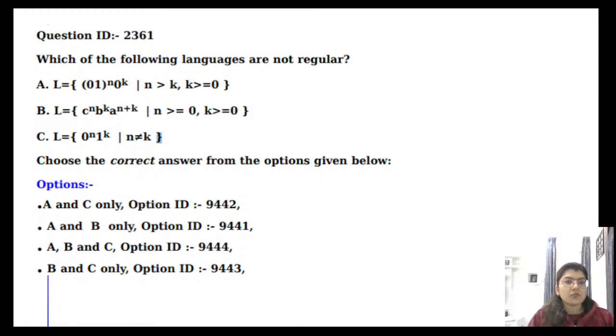Right. So the correct answer is that none of the following is a regular grammar, right?